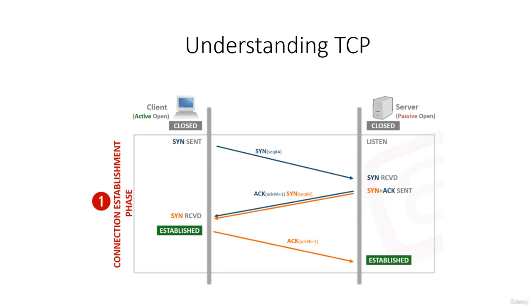All going well, the first machine will come back and send an acknowledgement, an ACK, and this is the three-way handshake that has now established a connection. This is pretty much TCP 101, the fundamentals of how the protocol works.